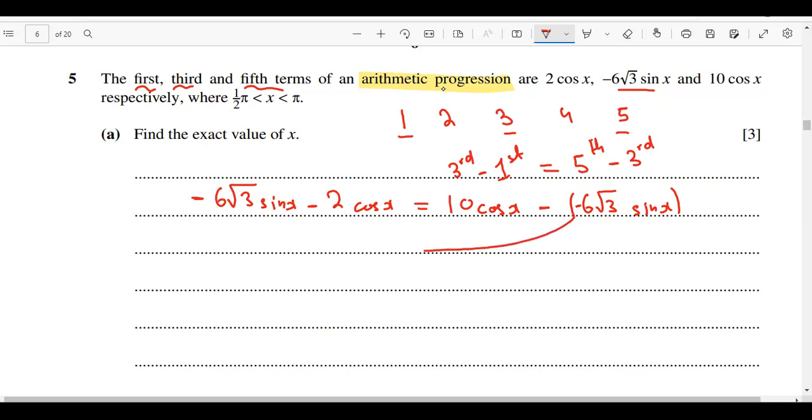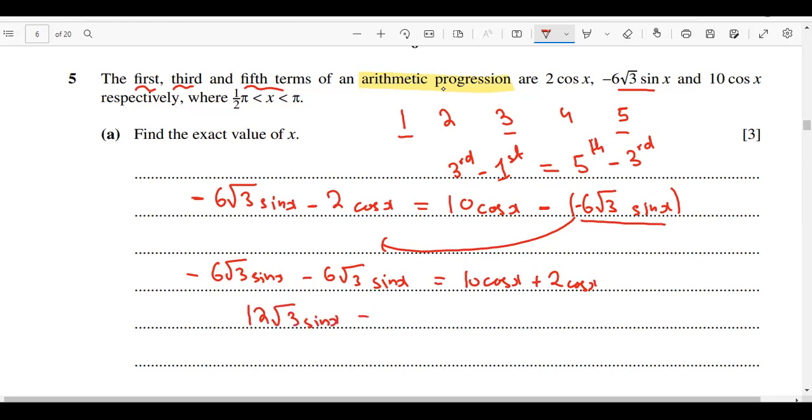We can take this to the other side directly. It is minus 6 under the root sine x. So this minus would become plus. So it would be this thing directly, that is minus 6 under the root sine x, and we have 10 cos x plus 2 cos x. Okay, so this would give me 12 under the root 3 sine x equals 12 cos x.